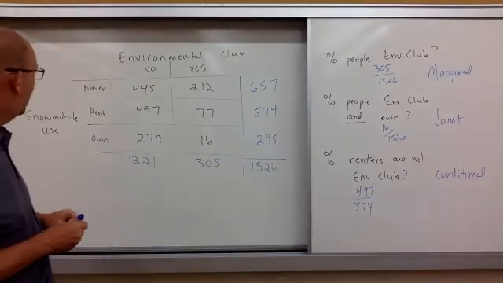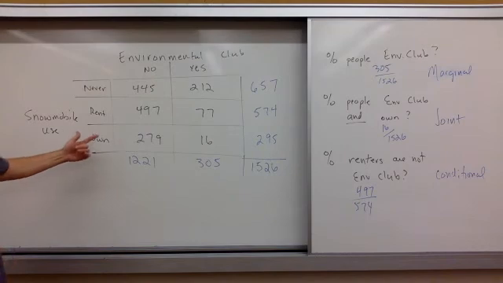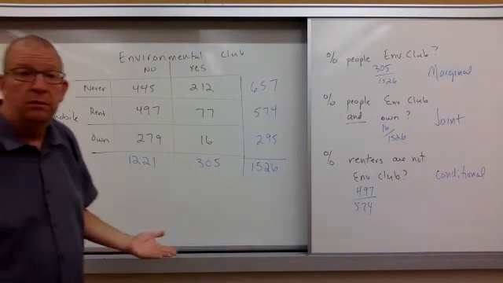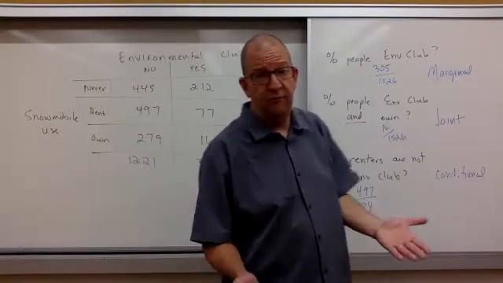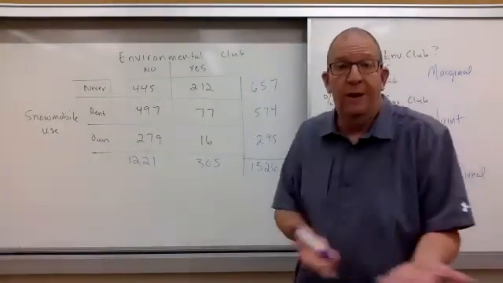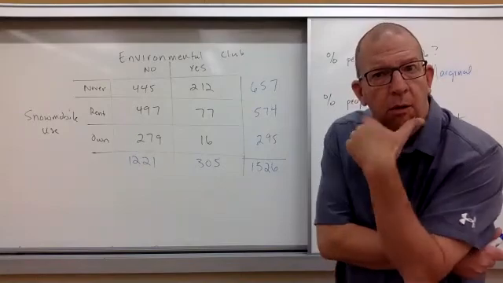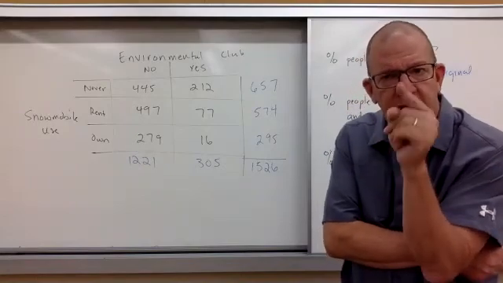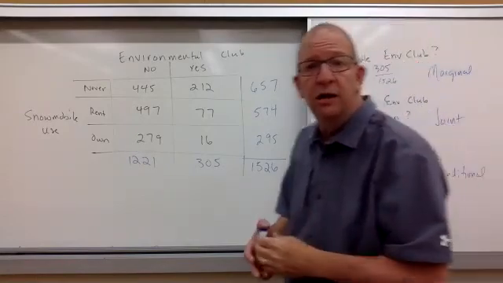What percent of people who've never owned a snowmobile join an environmental club? What percent of people who are in an environmental club rent a snowmobile? Whoa, is that different? Yes, it is. And that's what we're going to be talking about.